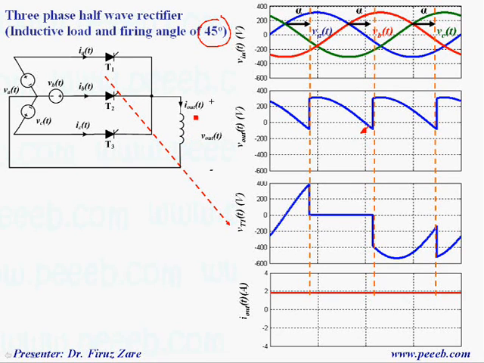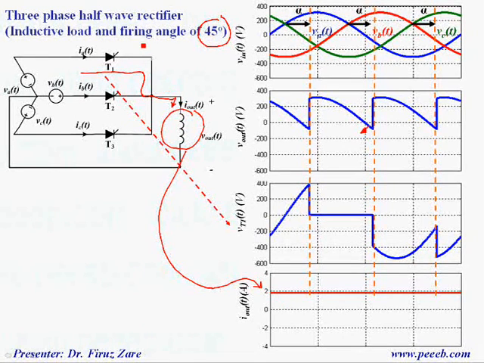But in this case, because I'm inductive load and because the output current is continuous, that's why when we turn on this thyristor, the current through the thyristor is load current, and because load current is continuous, that's why we keep this thyristor in an on state.